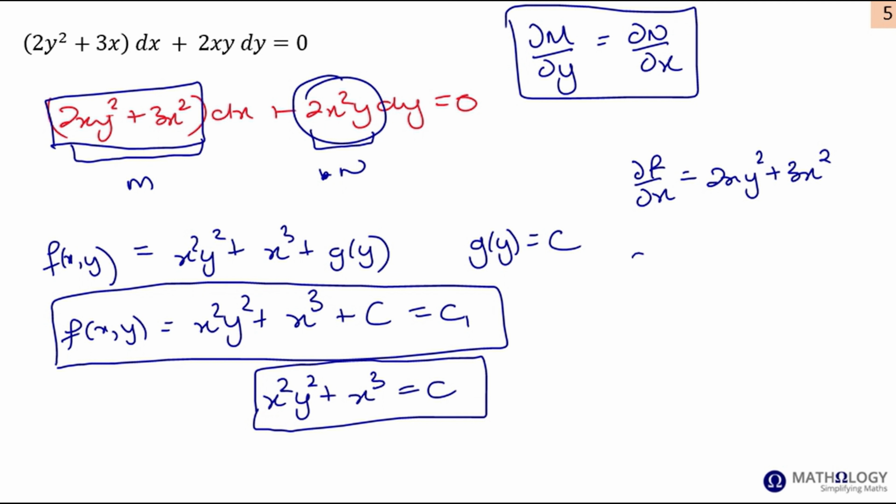And if we take the partial derivative of f with respect to y, we will have x squared is constant, so we'll have 2y times x squared, so x squared times 2y. The derivative of x cubed with respect to y is going to be 0, so this just equals 2x squared y, which is the expression that we have there. So the solution is correct.